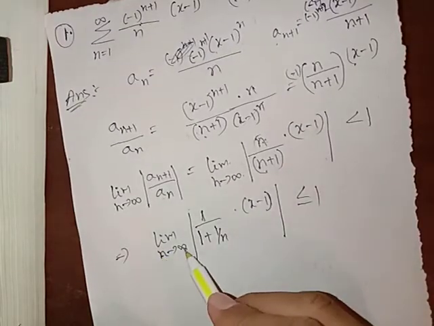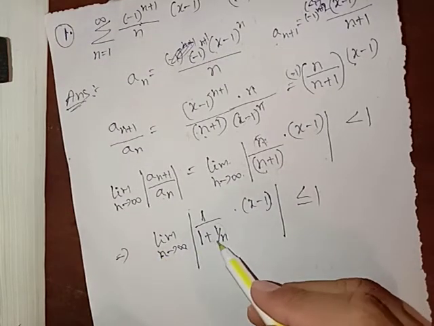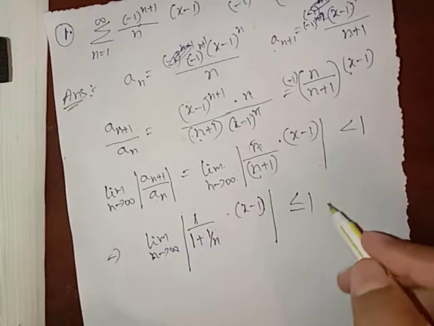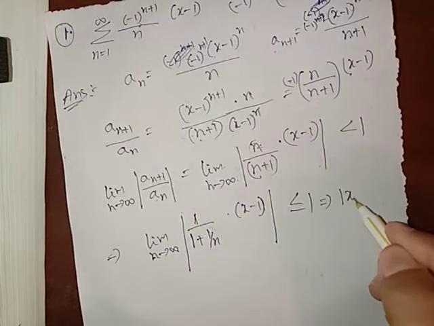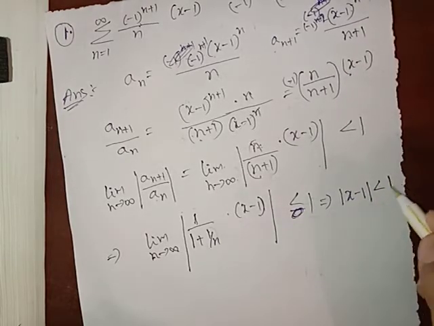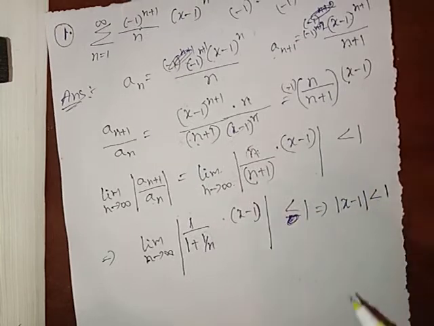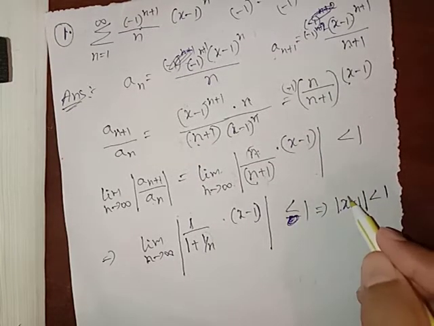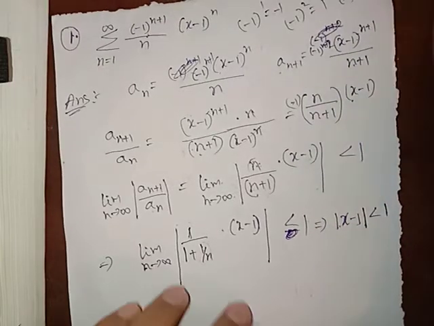Now as n tends to infinity, 1 by n becomes 0, and 1 plus 0 is 1, 1 divided by 1, so we get modulus of x minus 1 is less than 1.